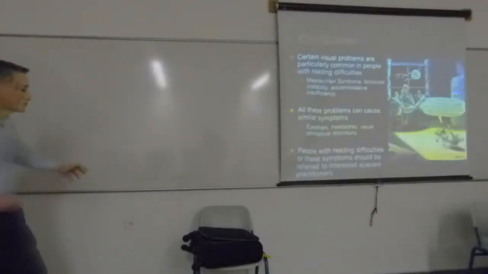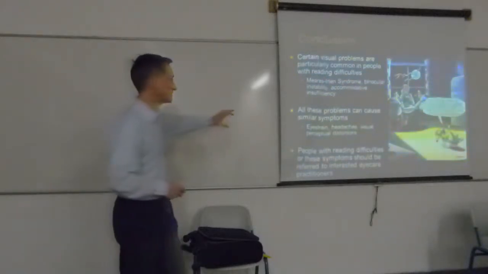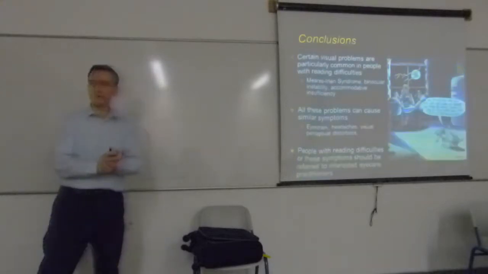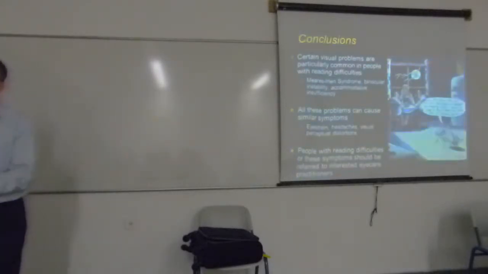All of these problems can cause similar symptoms, and these symptoms are eye strain, headaches, and visual perceptual distortions. So the optometrist has to do the job of differential diagnosis. And I should really stress this, that all of the conditions we're going to talk about, BV, accommodation problems, visual stress that's helped by coloured filters, they cause very similar symptoms.